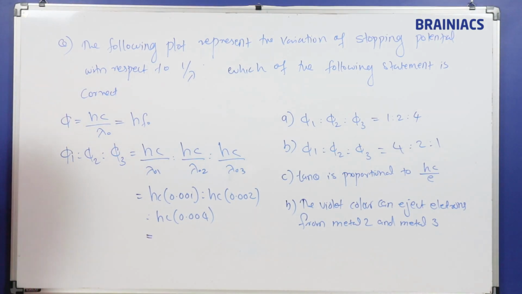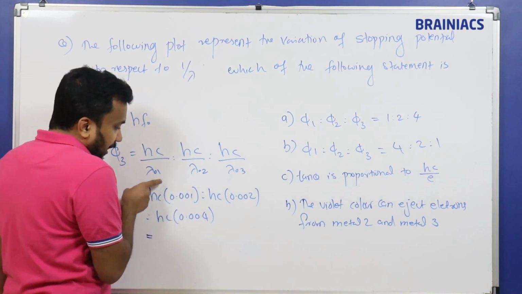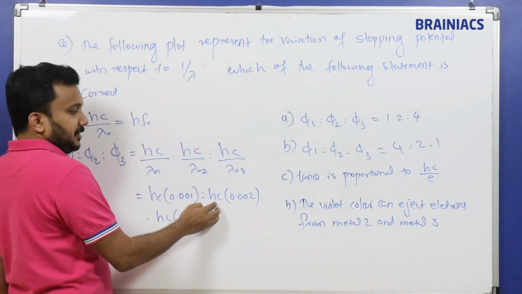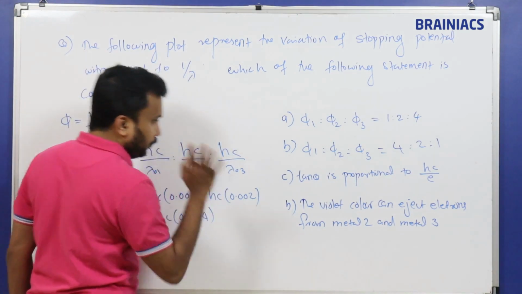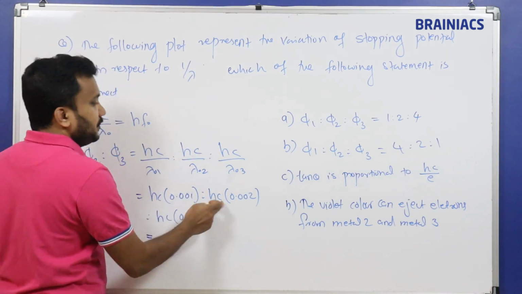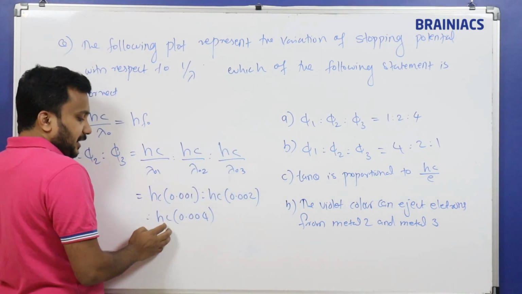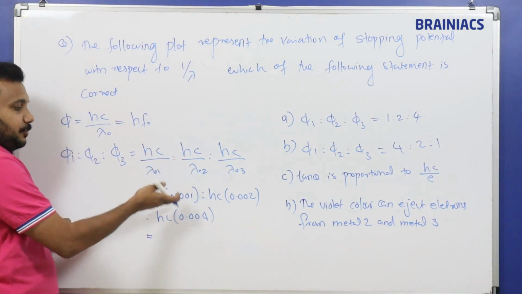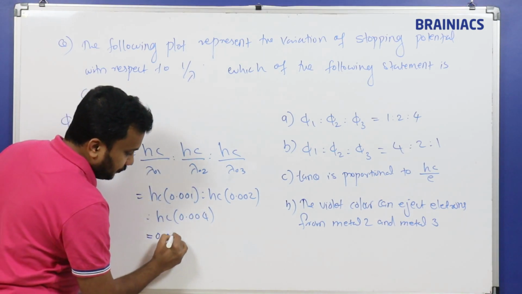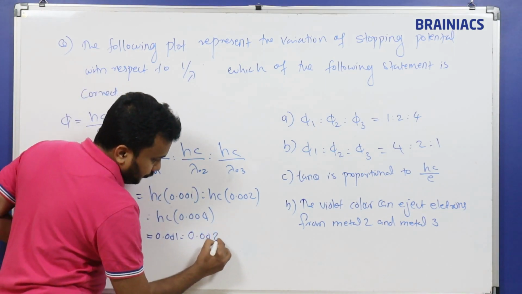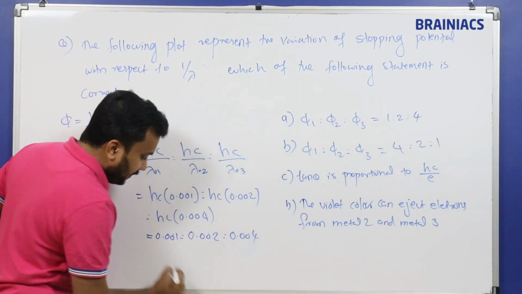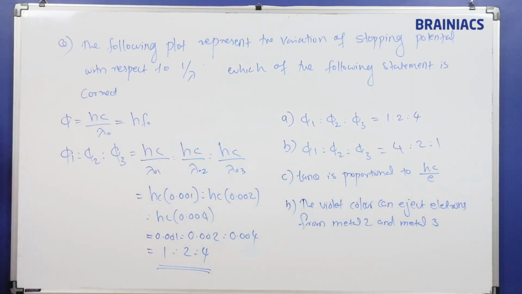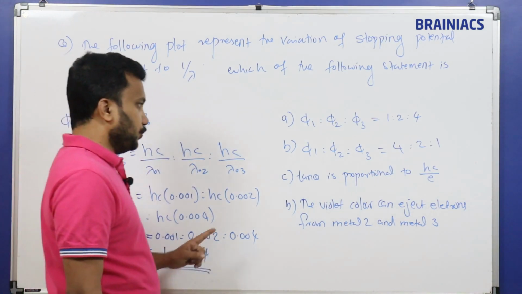Taking the ratios, hc cancels, and we get 0.001 is to 0.002 is to 0.004. This can also be written as 1 is to 2 is to 4, because we are multiplying overall by 1000.